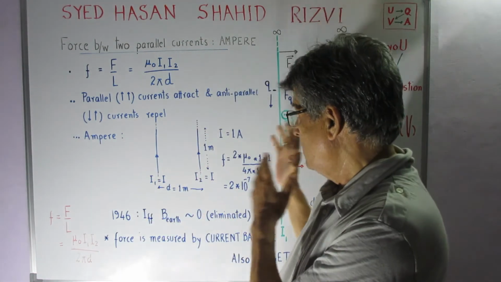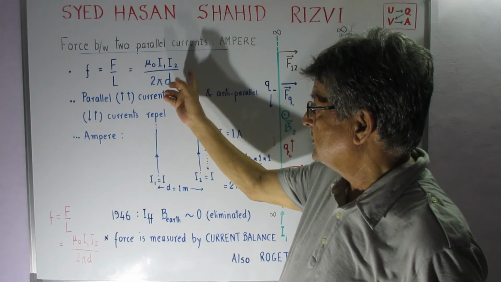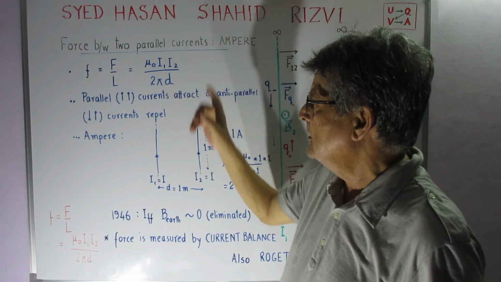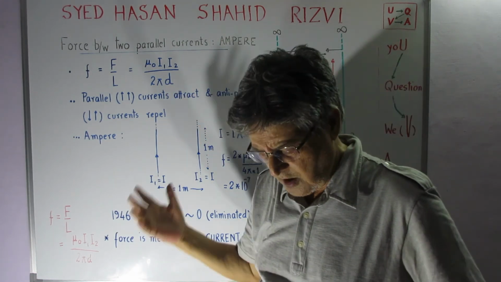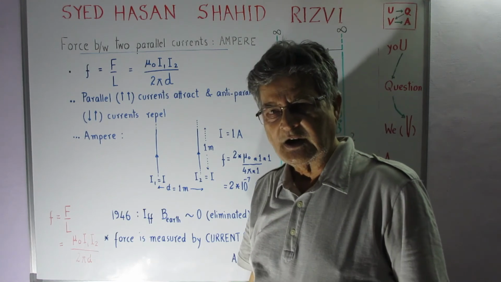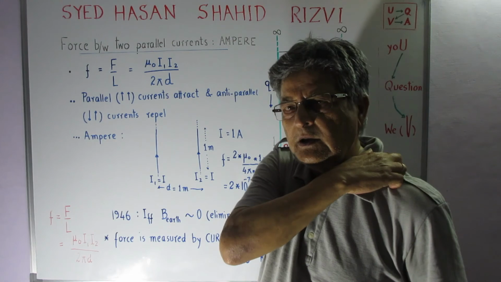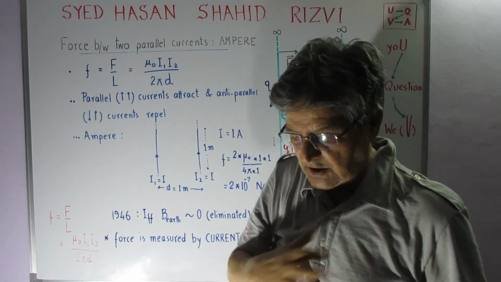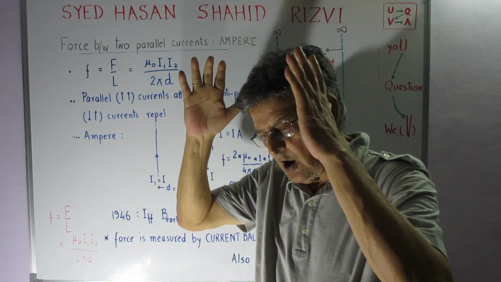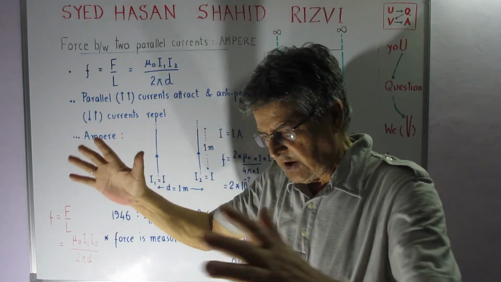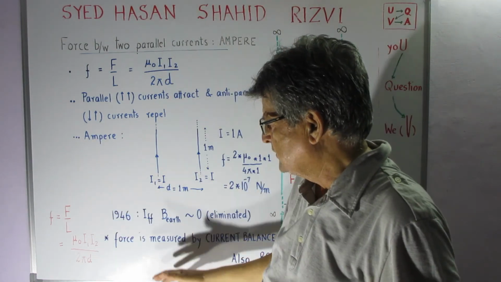But if you are well versed in this, if you remember this formula, which is easy to remember, and of course BIL sine theta, mu naught I upon 2 pi d, that kind of formula. So this is all a set of formulae which have been used in this relation.